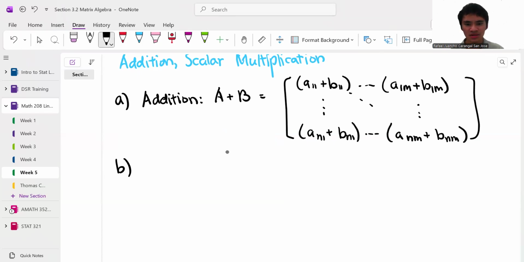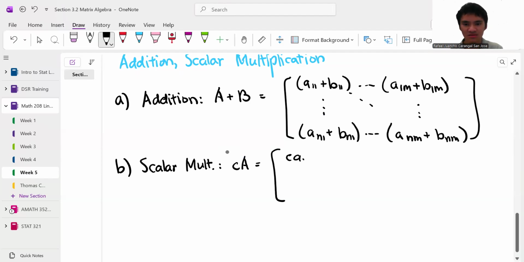That's addition. Now, scalar multiplication. For some scalar C multiplied by some matrix A, we just multiply that scalar by all of the elements, from 1 by 1 through n by m.